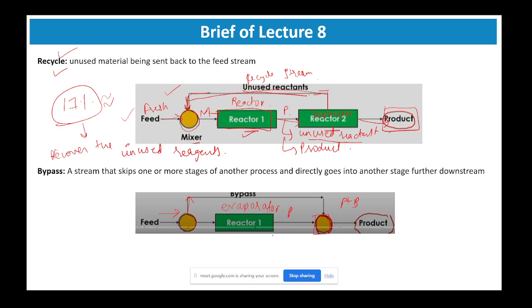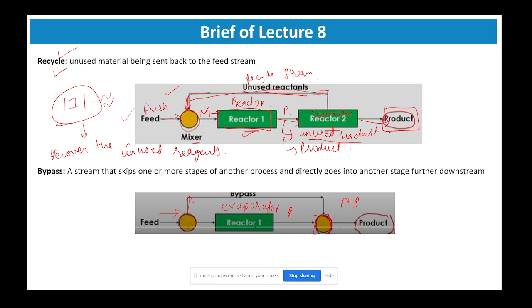Now, if I concentrate in an evaporator, there are chances that the taste of the juice changes a bit due to the forced evaporation or some other reason.